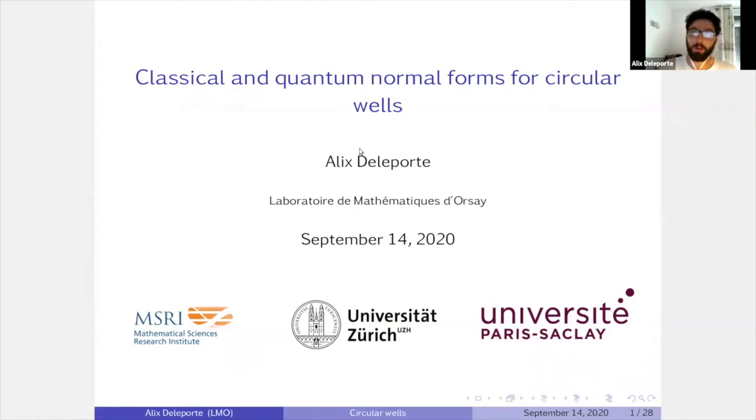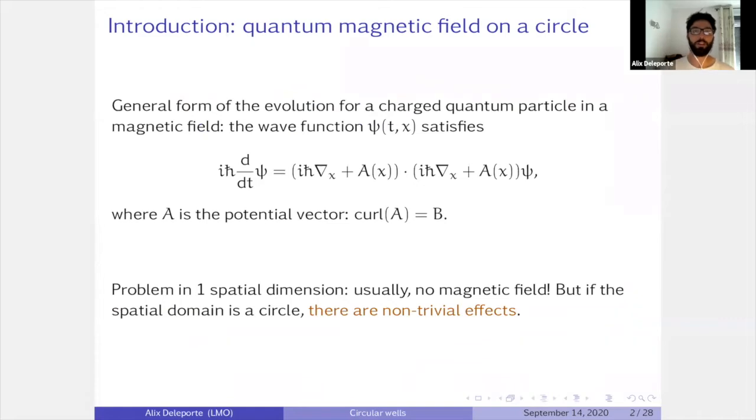Before describing the problem, I will first present to you some kind of toy model where you can see what's happening. The toy model is a quantum magnetic field on a circle. Generally speaking, the quantum magnetic problem means that you're looking at the evolution with respect to t of some function psi of x, which is an L2 function, and which satisfies this linear differential equation, which you might already know about.